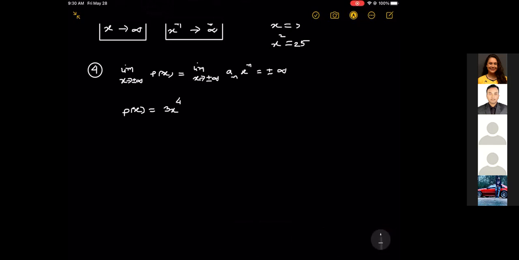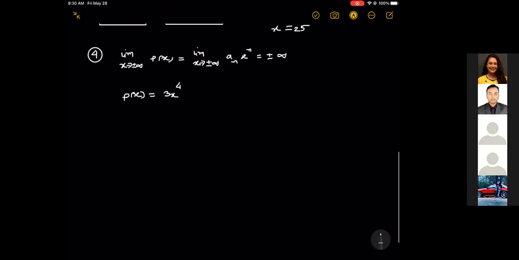Let's try this one only, 3 times x to the 4. If x tends to infinity, what happens? Can you tell me? The limit as x tends to infinity of 3 times x to the 4.